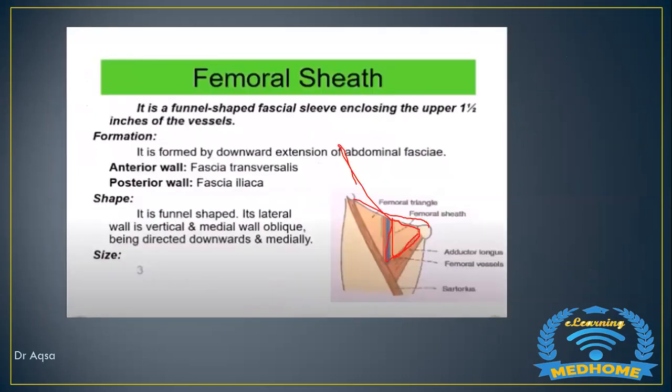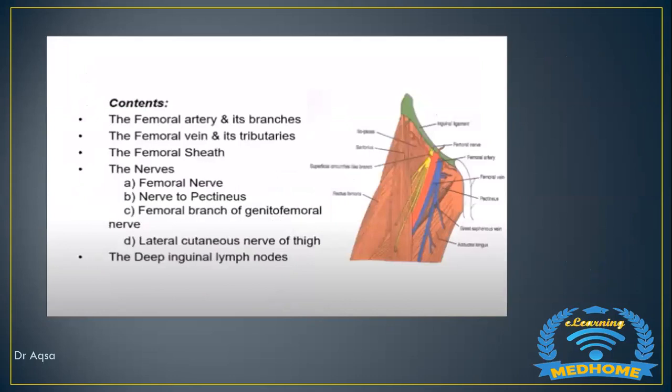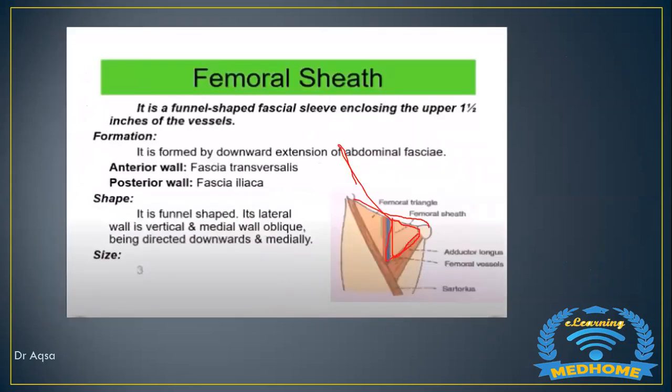As was just told about the femoral triangle and its content, I'm just quickly going to revise what the femoral sheath is. The femoral sheath is basically a 1 inch or 2.5 centimeter area below the inguinal ligament, and it is formed by the downward extension of the abdominal fascia.